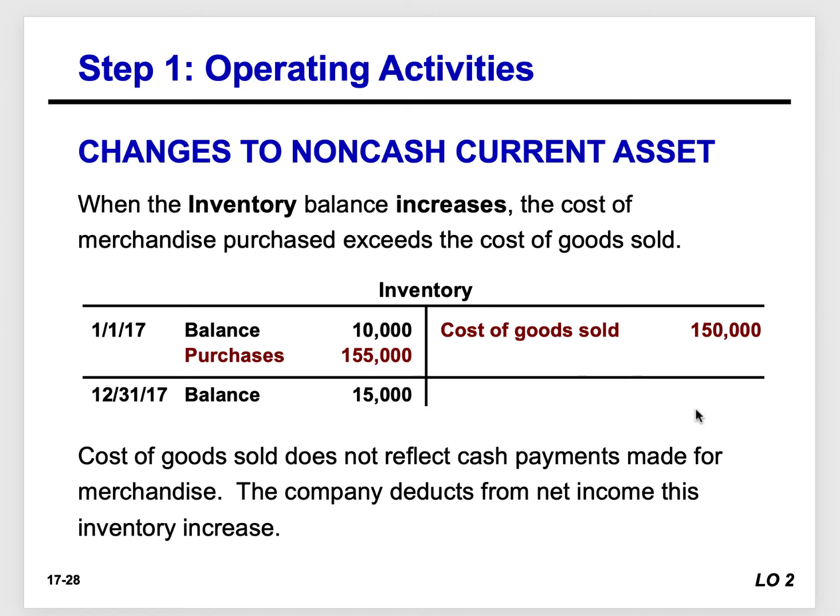So here's another rule that we have. If a current asset increases, we have to deduct it from net income. Okay, I'll say it again. Even though it's a recording and you can rewind it, I'll say it again. When non-cash current assets increase, we need to deduct the change from the net income.